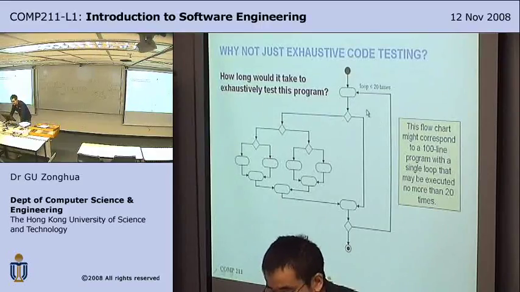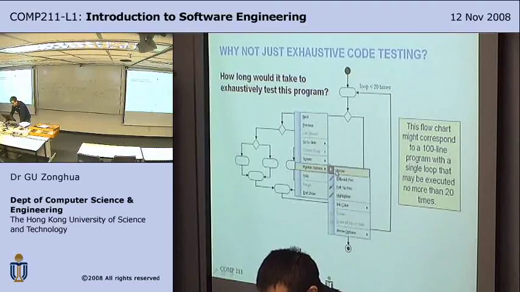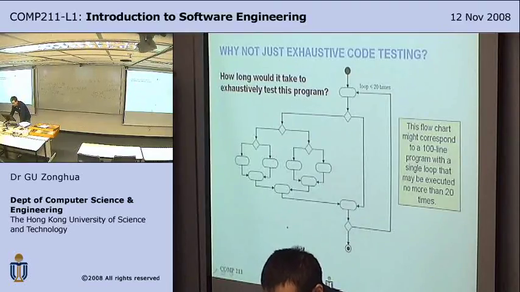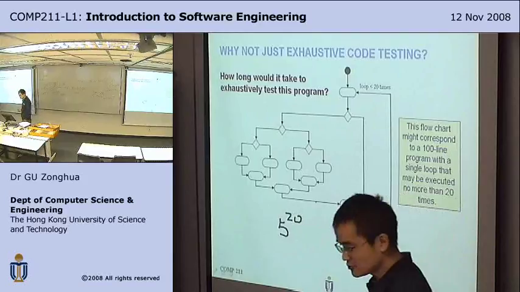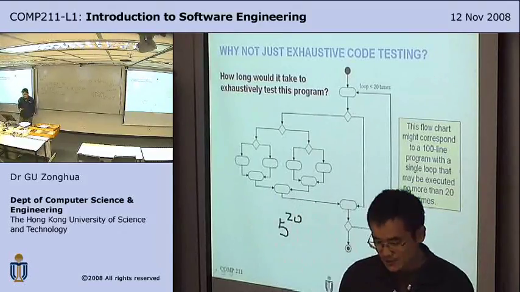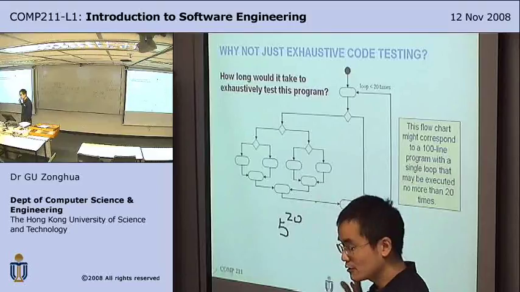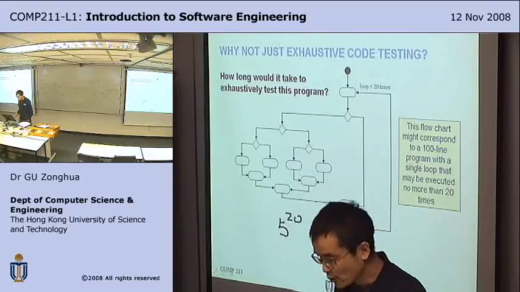You have 5 independent paths. But the number of all possible combinations of all paths is 5 to the 20th power. So what basis path testing does is test each of the 5 paths, but not all of the 5 to the 20th power combinations of paths. That's not possible.